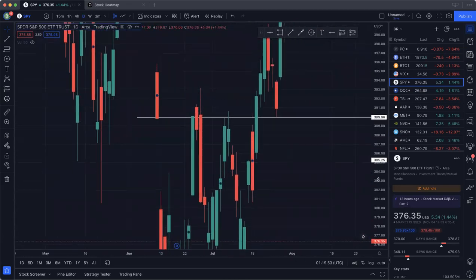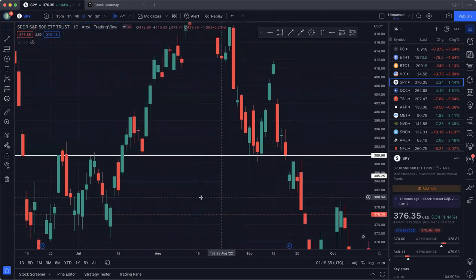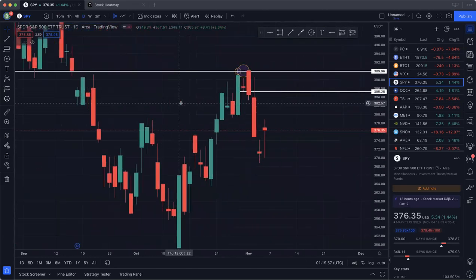So if we go back and look at that one more time, you could have been the person that took this bearish engulfing at the end of the day, right?